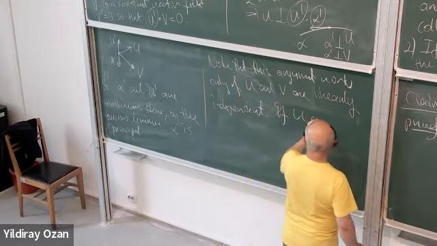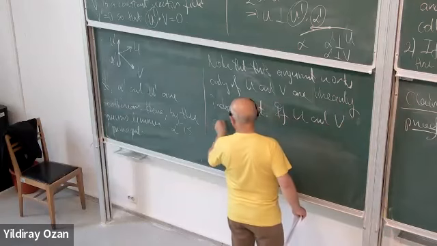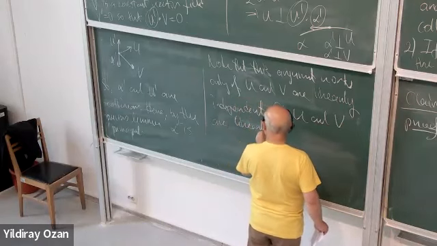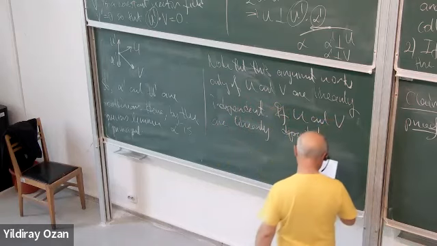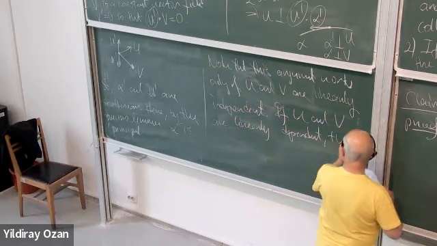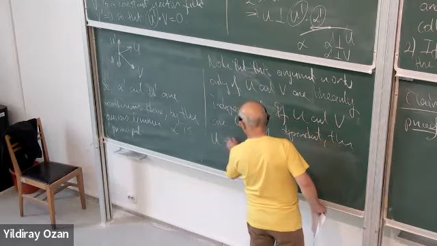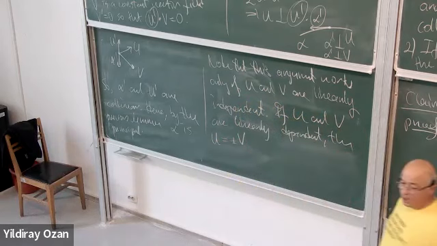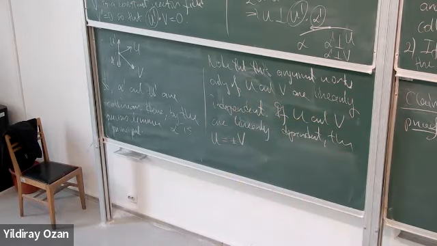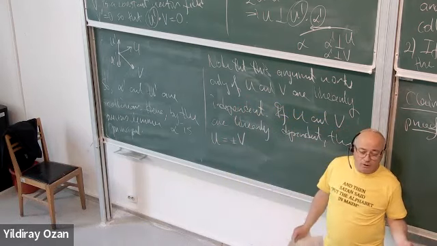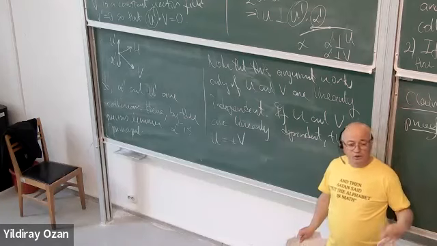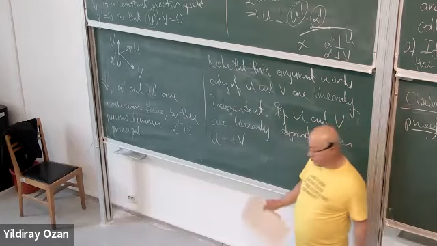If U and V are linearly dependent, then of course U is plus or minus V. Dependent means one of them is a multiple of the other one, but they both have length 1. Therefore, they are either equal or one of them is the negative of the other one.